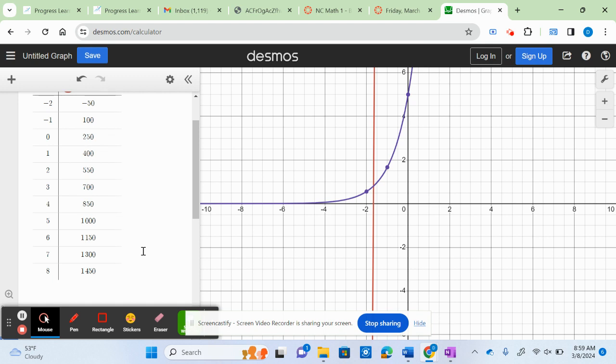No? Okay, so do you have your tables built? You want to build your equation. You start with the equation first. So f of x equals 150x plus 250.